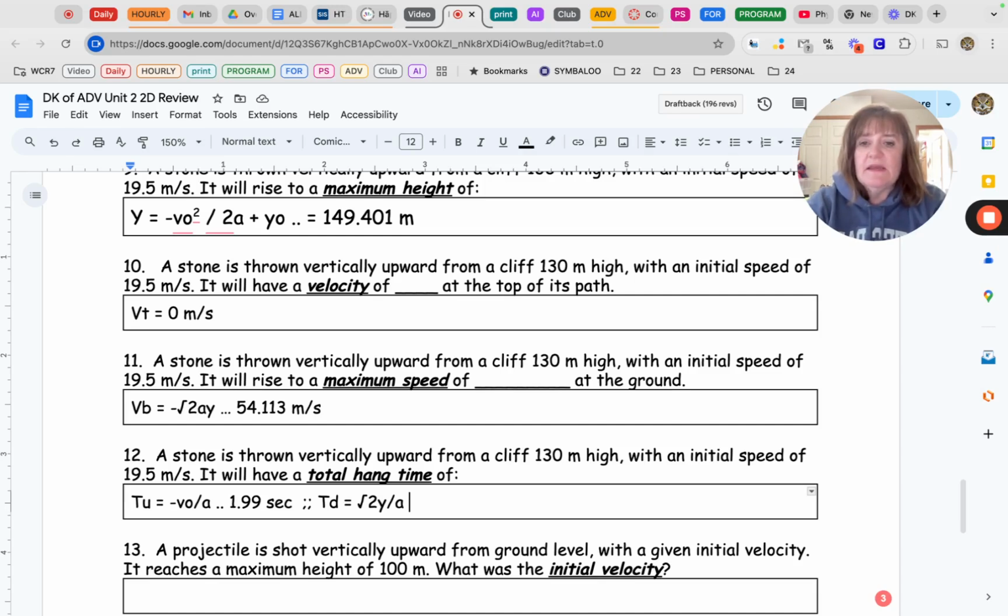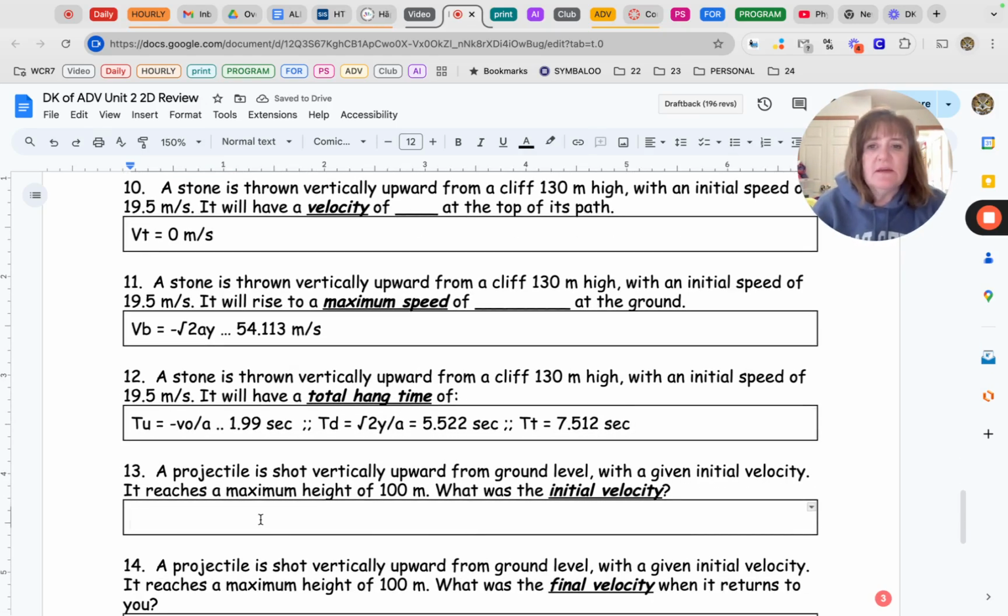So this is the square root of 2 times 149.401 divided by 9.8, to give us a time down of 5.522 seconds, which then gives us a total time of, adding those two together, 1.99 plus 5.522, of 7.512 seconds total time.